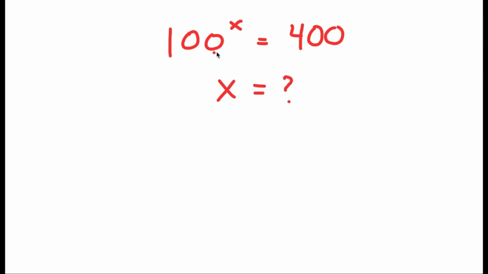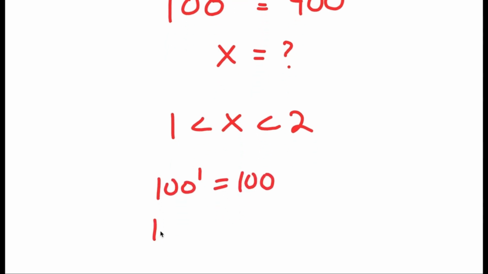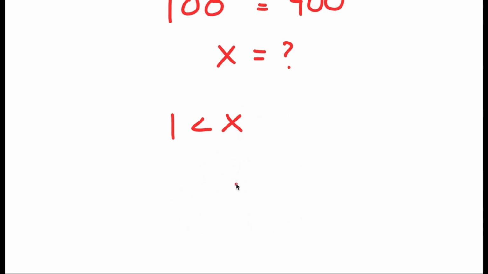So we see that x is going to be in between 1 and 2 because 100 to the power of 1 is 100 and 100 to the power of 2 is 10,000. So it's going to be closer to 1 than it is 2, but it's going to be somewhere in the range of 1 and 2.